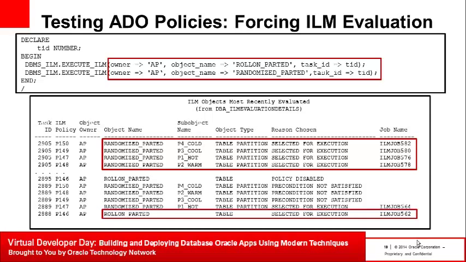I will go ahead and make the policy come true. In other words, I'm going to implement space-based ADO on roll-on parted. Notice that above it, at the very top of this report, the other 4 partitions that are part of randomized parted, P1 through P4, were also selected after some time.